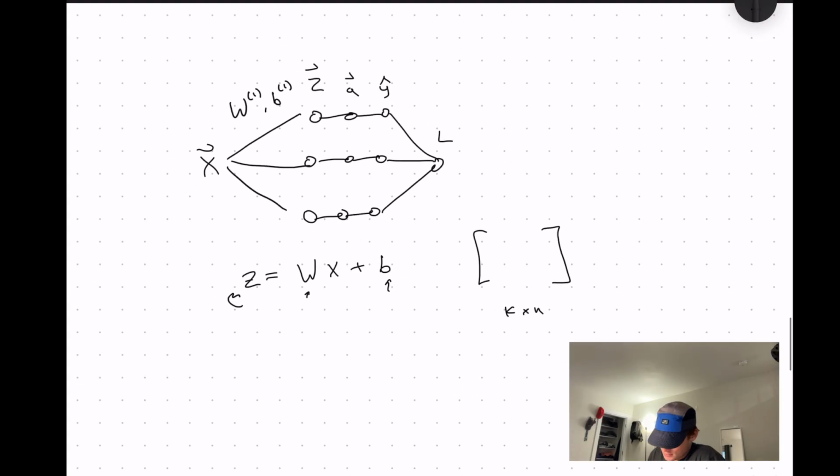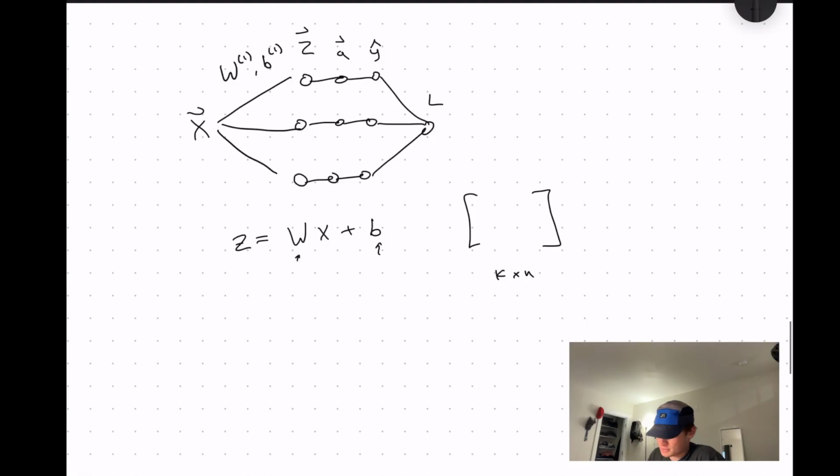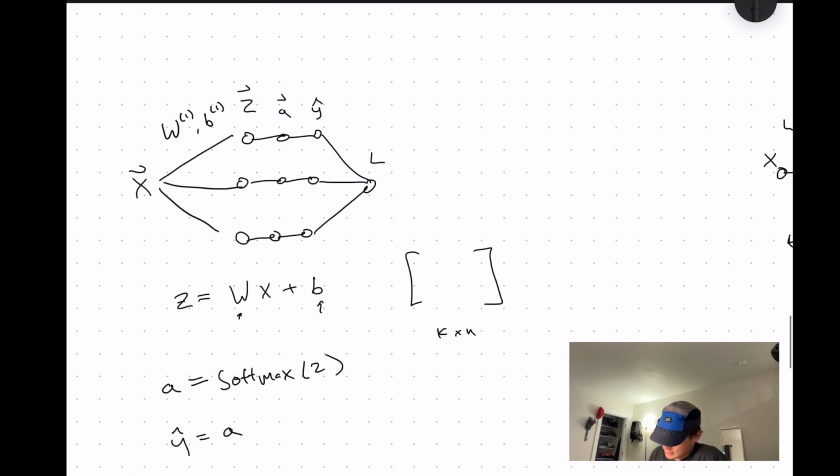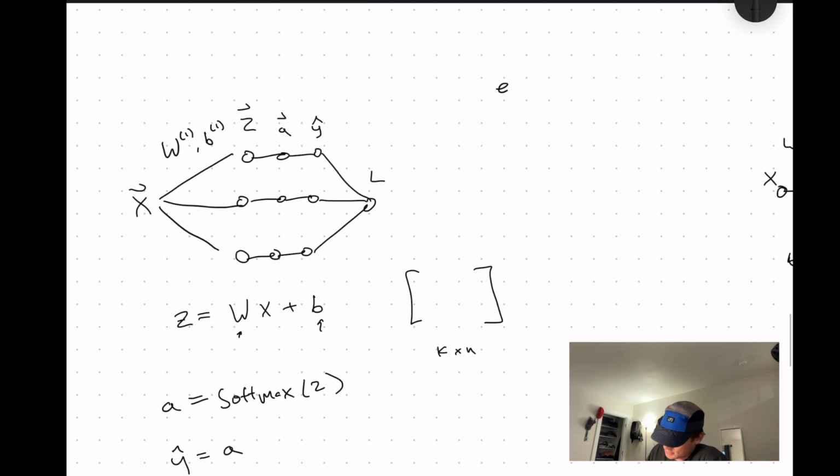So we have all of our Z's, but the new thing here is what's called softmax. And softmax is a function that looks like this.